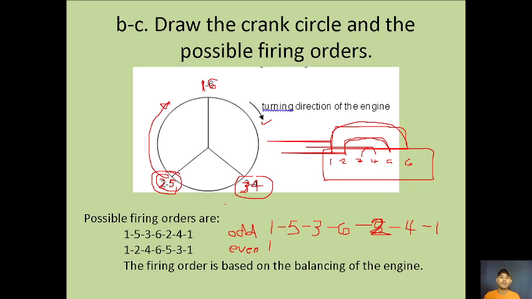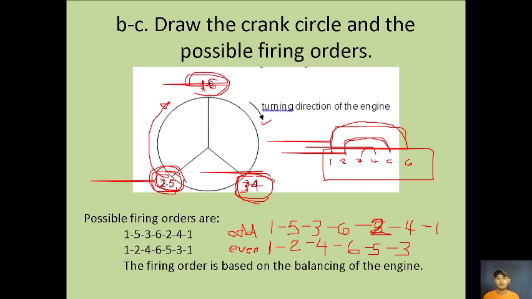If the firing order is an even number, we start with 1 and then continue with even numbers. So 1, next to fire will be 2, next will be 4, next will be 6, then odd number 5, then 3, and then 1 again.